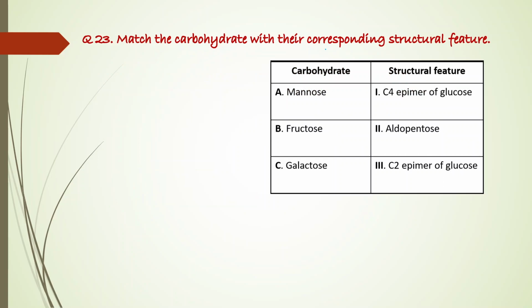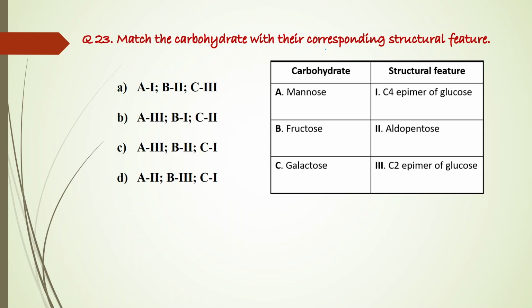Okay. This is the next question. It states, match the carbohydrates with their corresponding structural features. So we have three carbohydrates: mannose, fructose and galactose. We have to identify their structural features. First of all, we all know what mannose is.